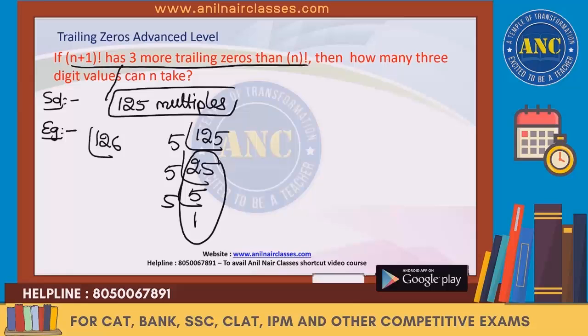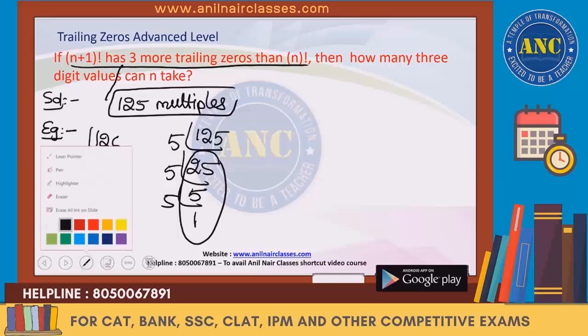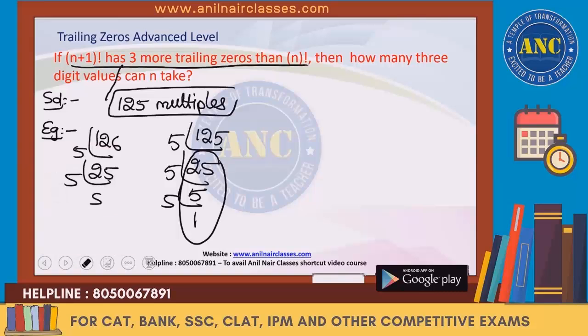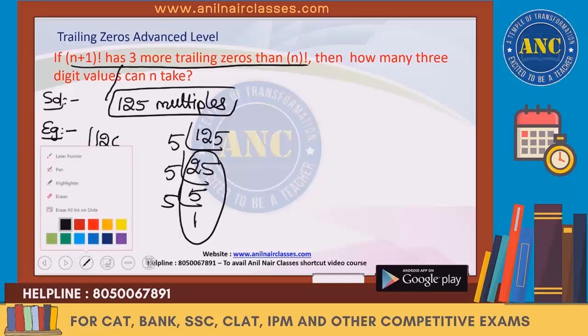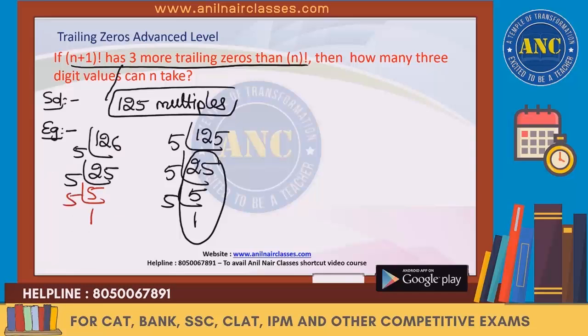For 125 plus 1, 126, it is 5 twenty-fives, 5 fives, 5 ones again, 25 plus 5 plus 1, which is nothing but 31. Here we got 31, here we got 31.